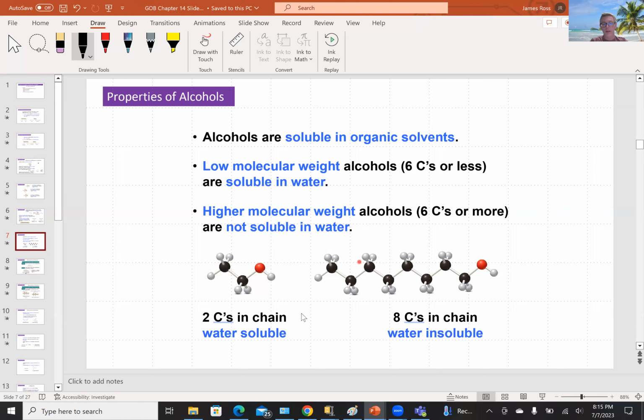If you have a balance between the carbon end, the hydrophobic or water-fearing end, and the hydrophilic, water-loving end, it will dissolve in water. But as it gets larger and larger on the alkane side, eventually there's just too many carbons. It's dominated by its hydrophobic nature, and the whole thing will be insoluble, despite having a polar group over here.